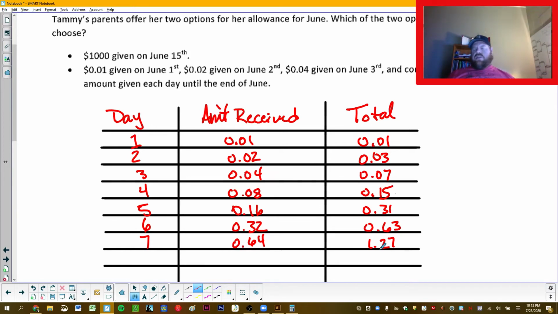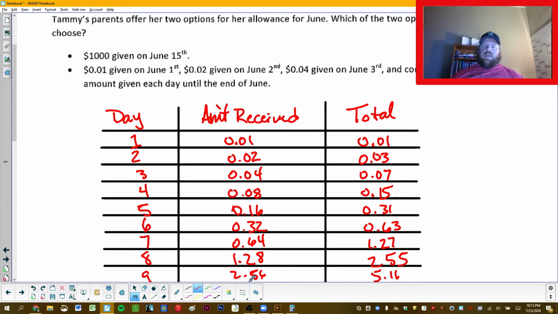So we're almost a third of the way through the month and we have $1. I'll do a couple others, I guess. We get $1.28. So that's going to be $2.55. And then we get $2.56. 4, 5, 12, so $5.11.